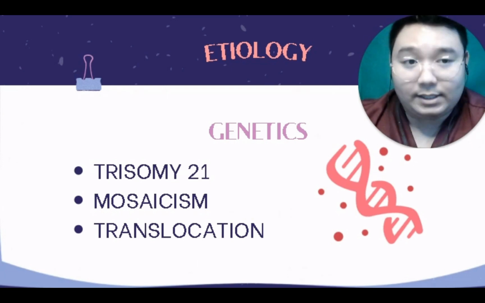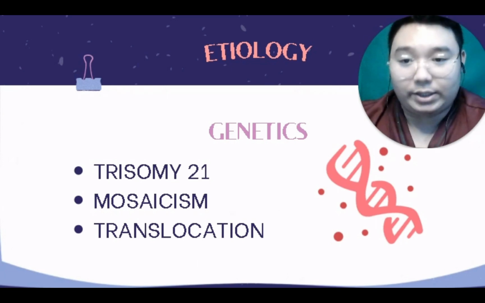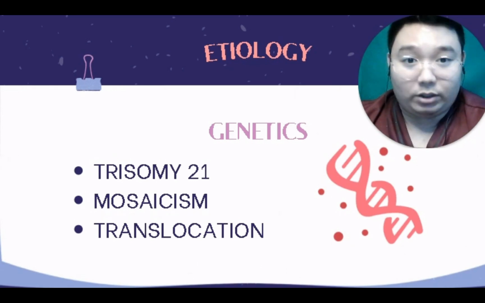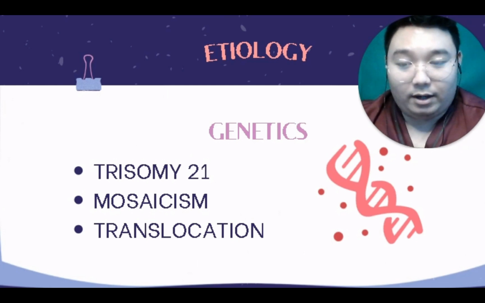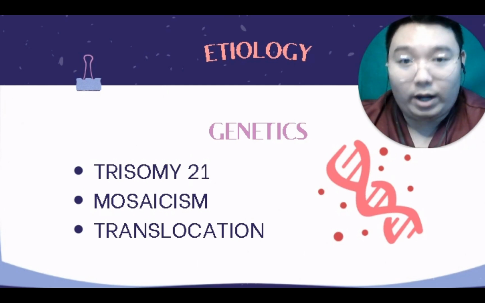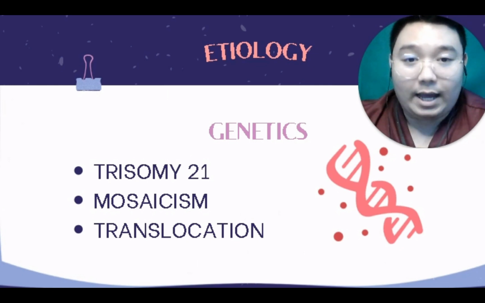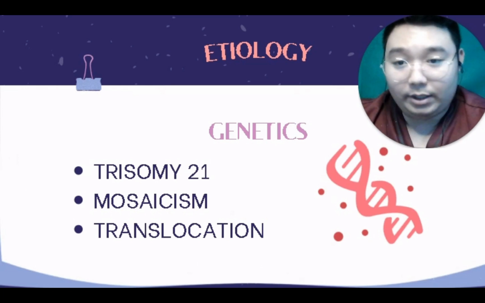The next is translocation. Translocation accounts for 4% of Down syndrome cases. Here, chromosome 21 breaks off and connects to another chromosome, usually chromosome number 14.